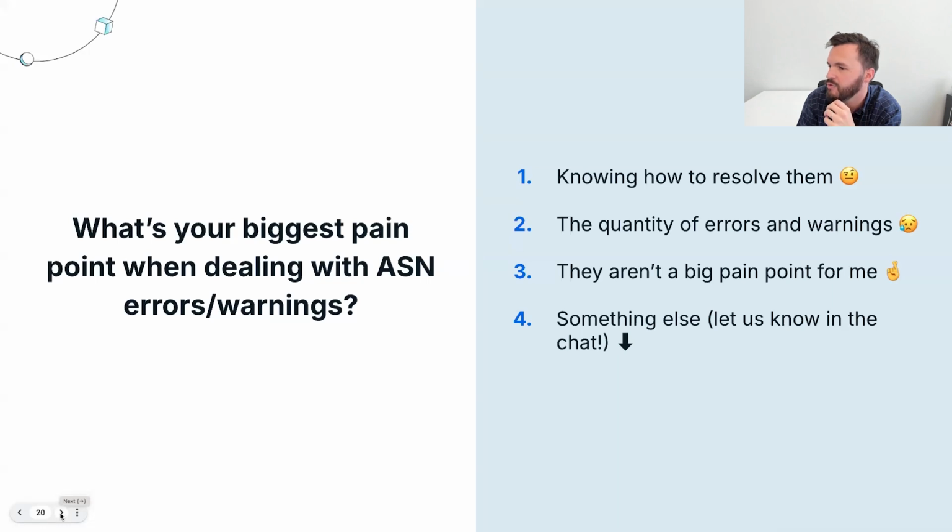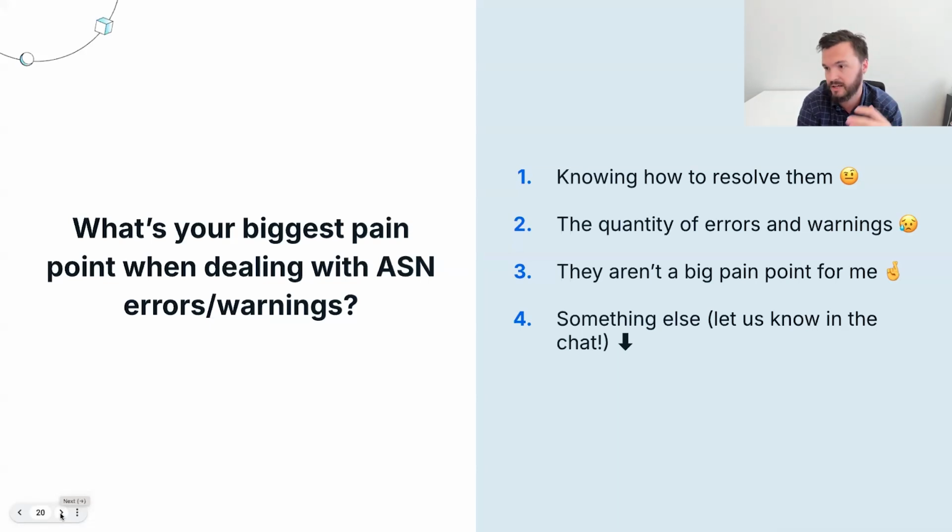Okay, we got an overwhelming majority that says knowing how to resolve them, which is so sad. But I think that this is indicative of the changes that were recently made. We did get one person who said the quantity of errors and warnings. So sometimes there's just a high volume. Again, this depends on the business situation where you are, what your exposure is to all of that.